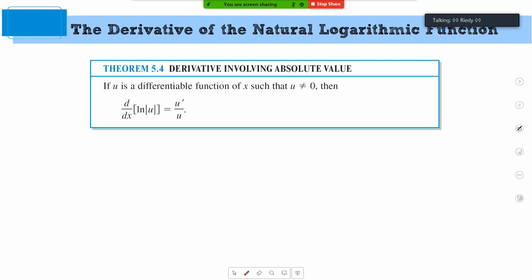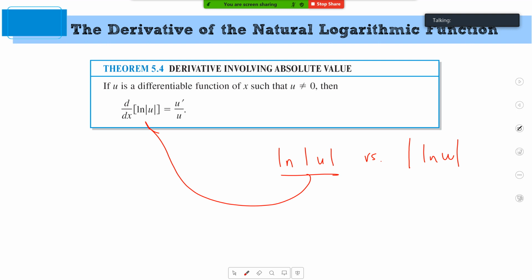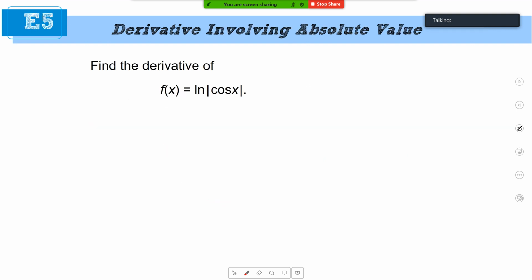And again, don't get this confused with that. Okay, make sure you're being careful with this. We care about this one. So again, this is kind of beating a dead horse here, but taking the natural log of cosine, the absolute value of cosine doesn't matter.